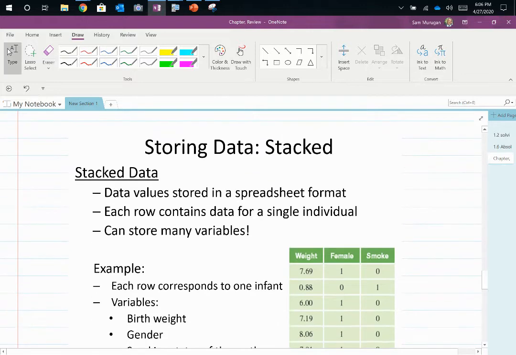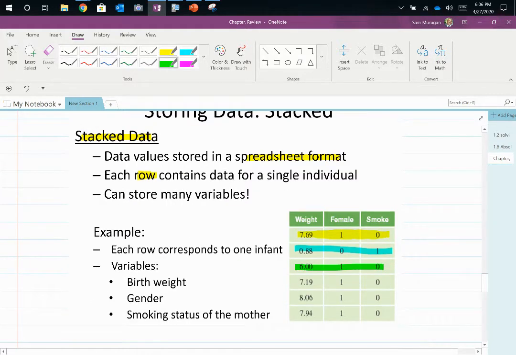Storing data, we have what's called stacked data. Data values stored in a spreadsheet format. Each row contains the data for a single individual. So this would be person X and person Y, person Z, and so on. So each row in this case corresponds to one particular infant.